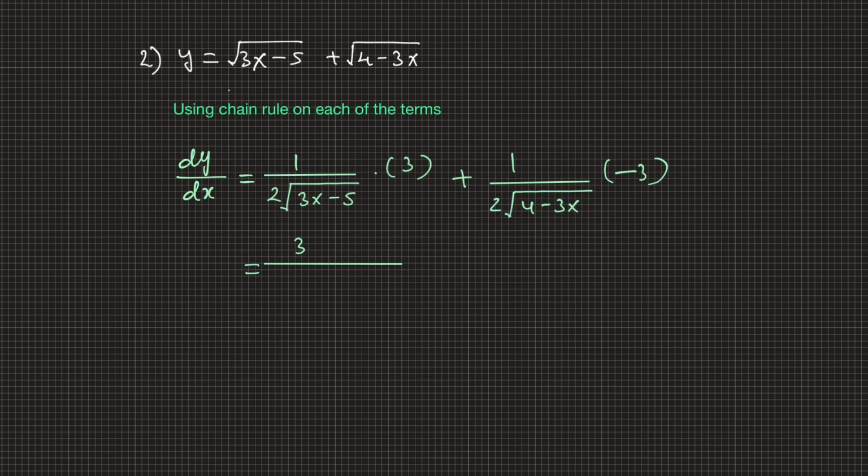Rearranging, we obtain dy/dx equals 3 divided by 2 root 3x minus 5 minus 3 divided by 2 root 4 minus 3x.